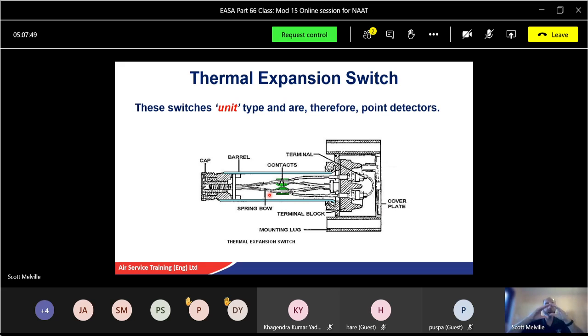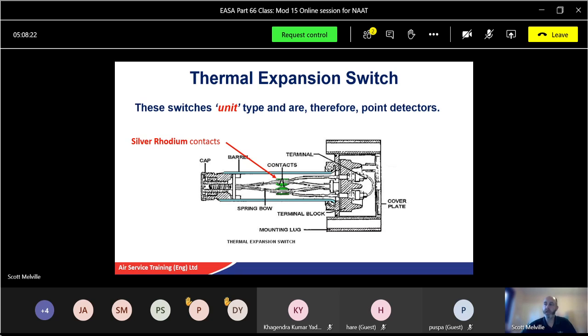As it expands, it's going to pull these connectors at this end and that end, which will bring the contacts down together. Once they contact, that will give the fire warning. So a steel barrel, and then a pair of silver rhodium contacts. As soon as they touch, that gives a signal, at temperatures of roughly about 300 degrees.